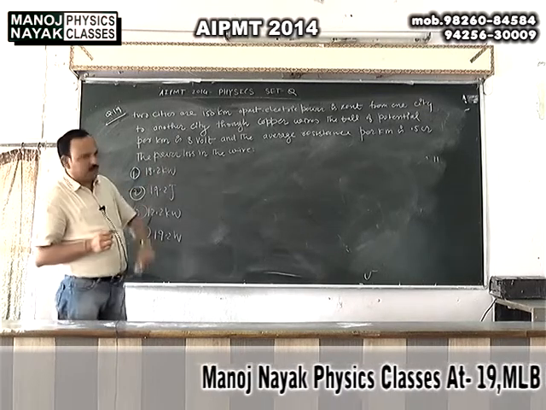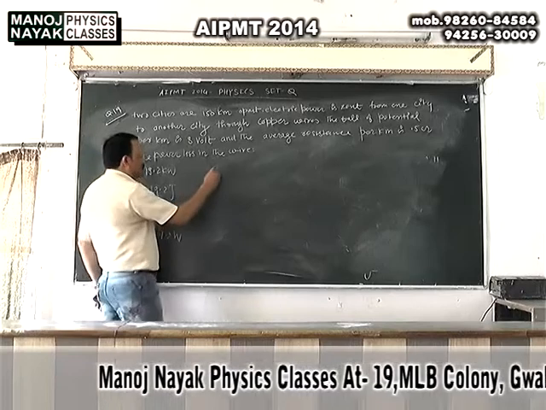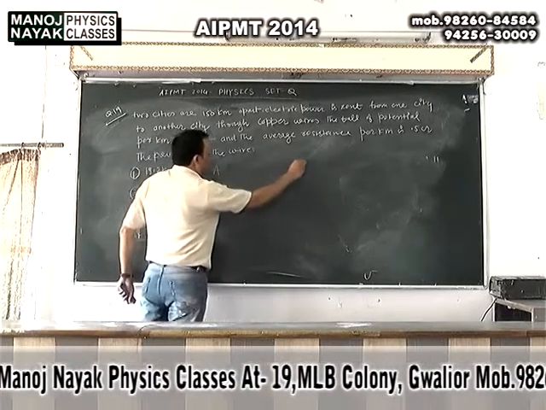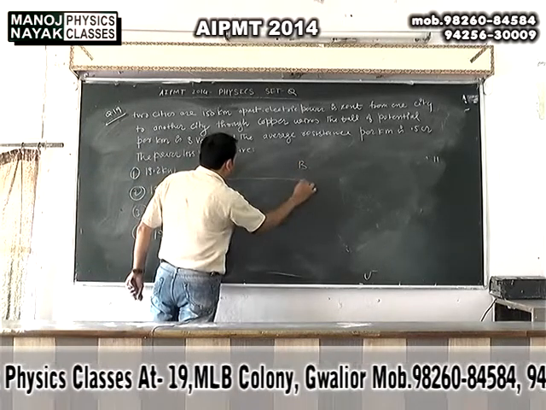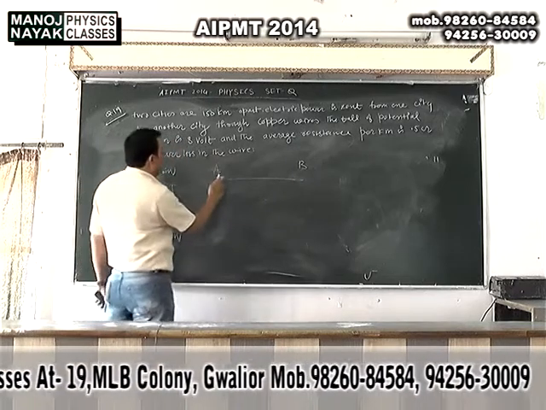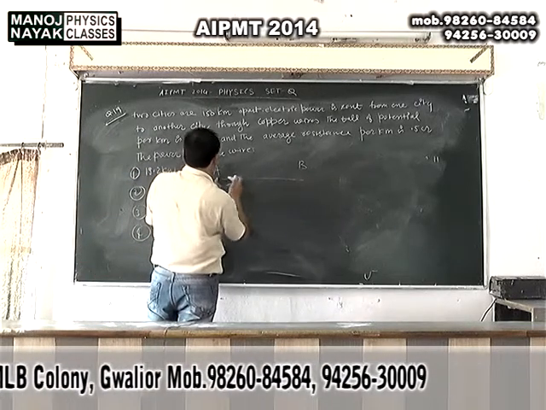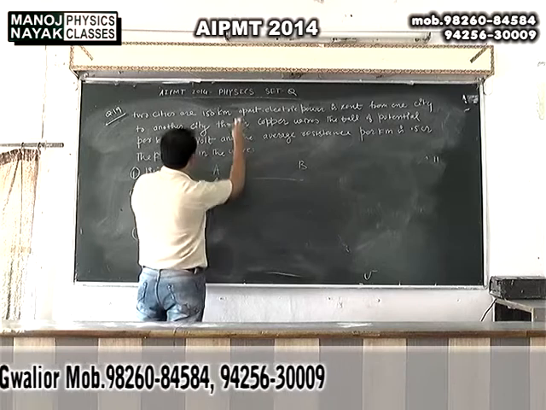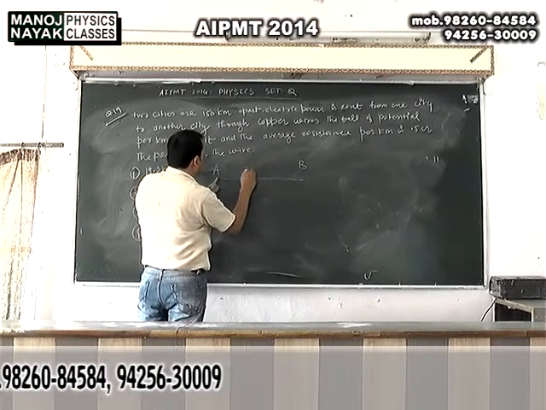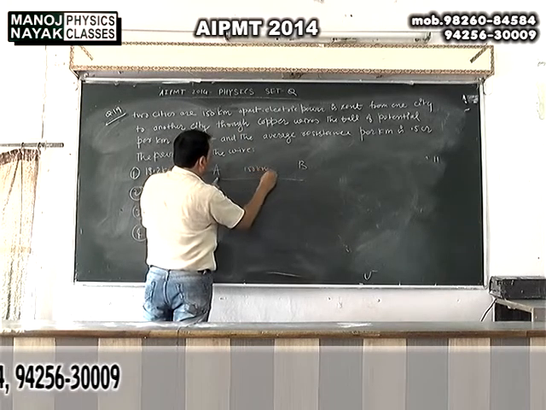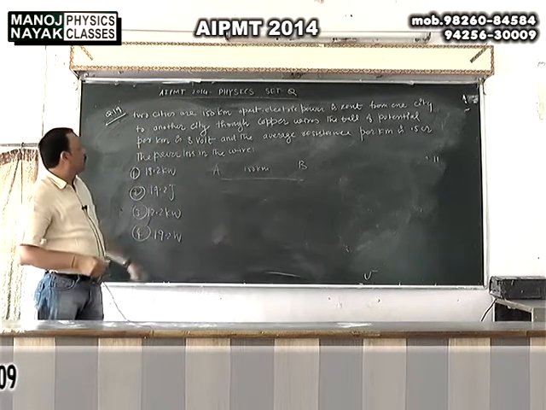The power loss in the wire. It is a very simple question. Suppose A and B are two cities. Okay, the length of copper wire between these two cities is given as 150 kilometer, right?